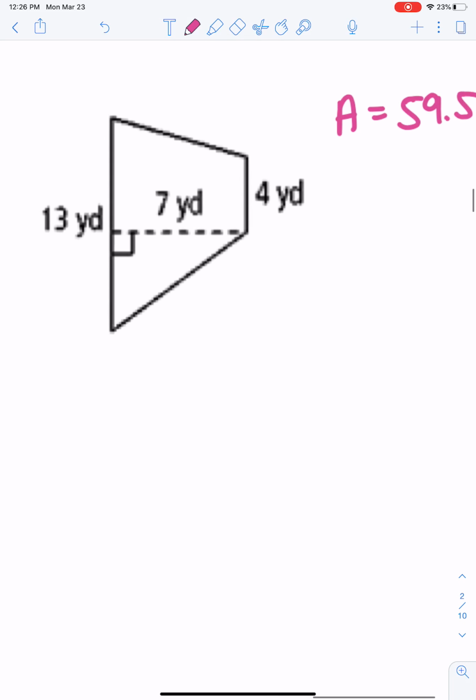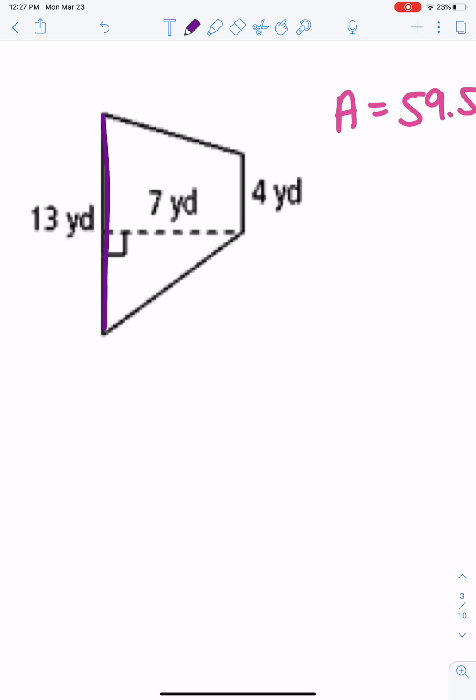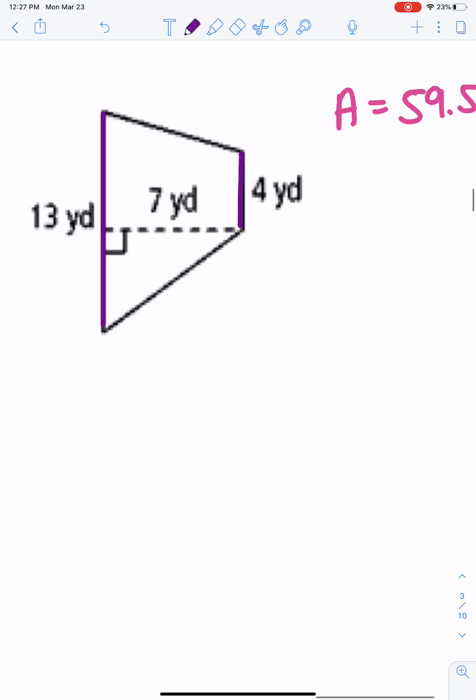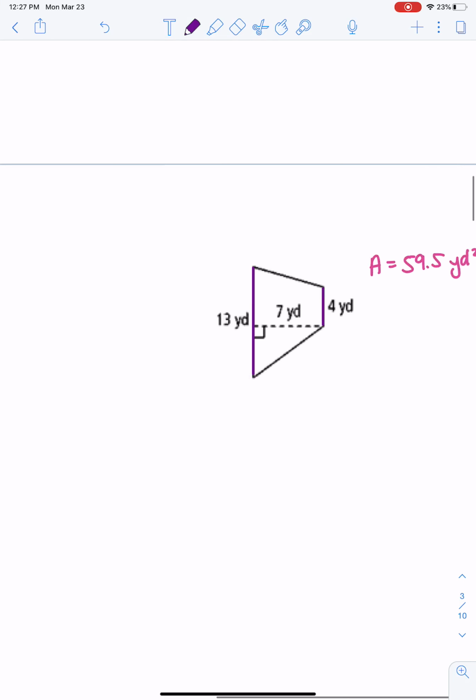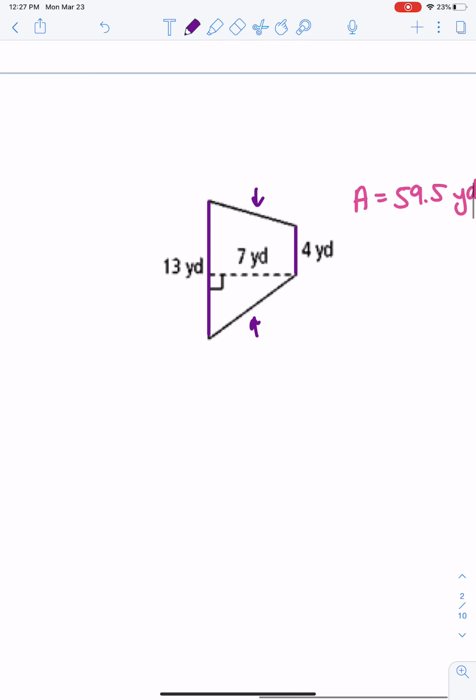The next one is a little bit different. These bases are kind of sideways, so just think of it as the bases are still the parallel sides. It doesn't show that they're parallel, but they did say it was a trapezoid, so I'm assuming those are the parallel sides, not those two. So my area will be, again, 1/2 times base 1 plus base 2 times the height. The height here is that 7.